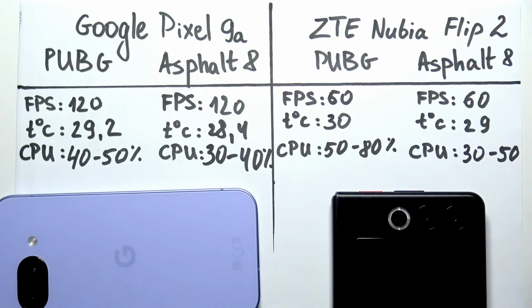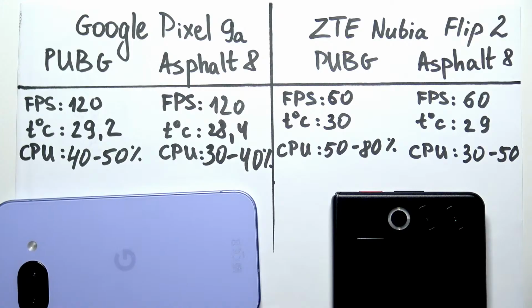So if you are choosing between Google Pixel 9a and ZTE Nubia Flip 2, I would recommend you to choose Google Pixel 9a for games. Games run smoothly, 120 FPS, and for me it's better than ZTE Nubia Flip 2.